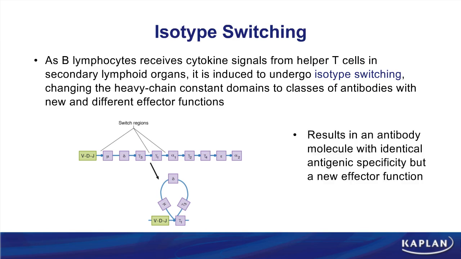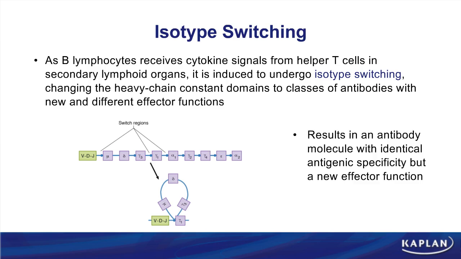Just like we mentioned before, in this example, we are now creating the isotype IgG, but this is specifically going to be an IgG1. And we'll talk about this when we talk about humoral immunity, but there are several different subspecies of IgG.